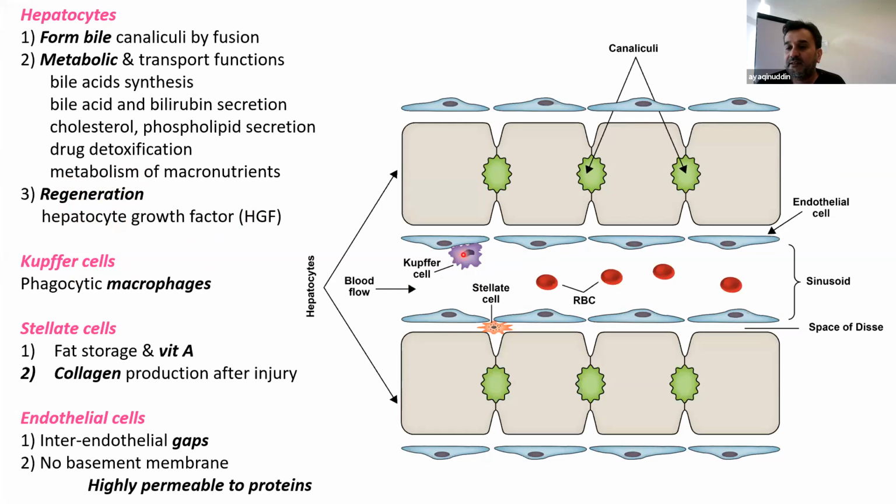The Kupffer cells are the resident macrophages of the liver, while the stellate cells have the function of fat storage and vitamin A storage, but their function comes much more when you see injury to the liver, because they start to lay down collagen, which results in cirrhosis of the liver. The endothelial cells have gaps here, so there is free movement of several molecules through these gaps. There is no basement membrane, so these endothelial cells are highly permeable to proteins.